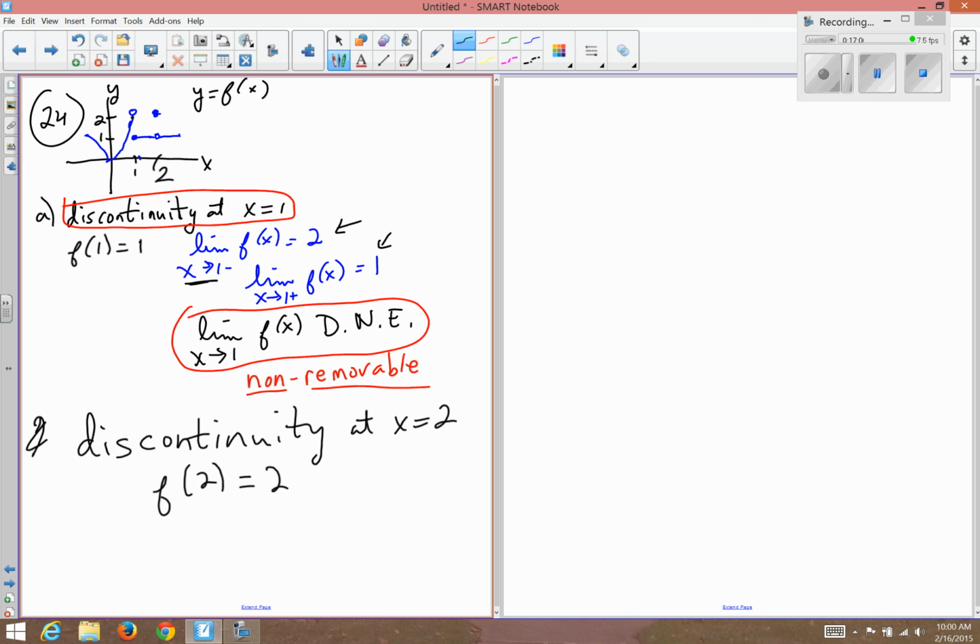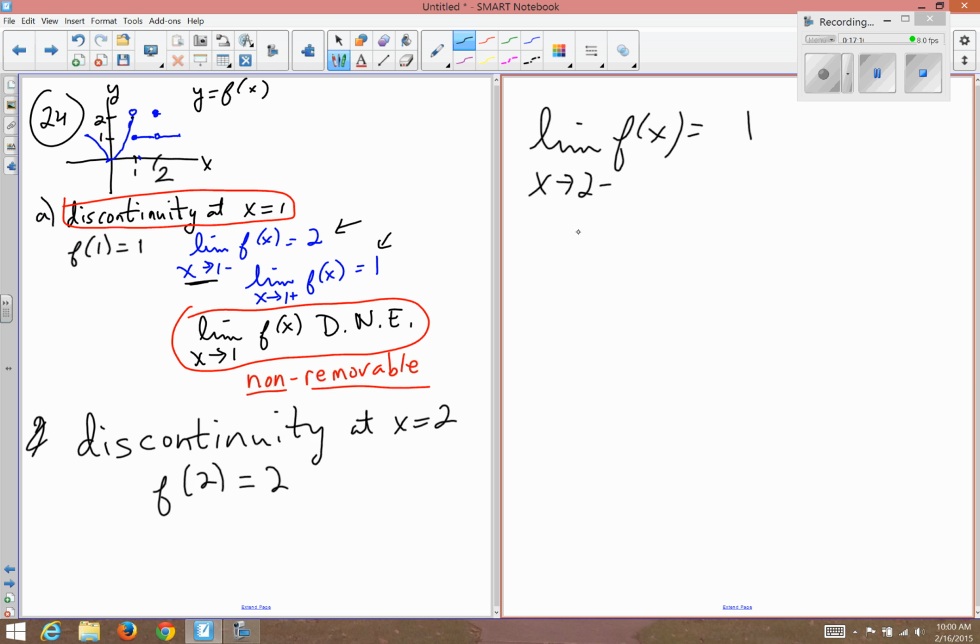But the limit of f of x as x approaches 2 from the left is 1, and the limit of f of x as x approaches 2 from the right is also 1, because when x is very, very close to 2 on either side, when x is 1.999 or when x is 2.0001, for either of those x's I just said y is 1.